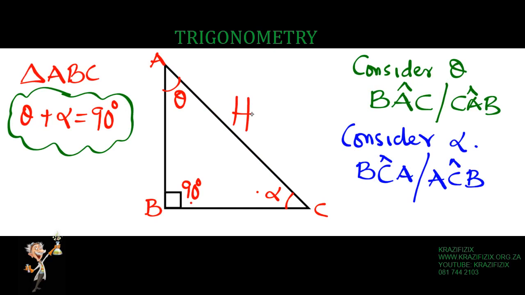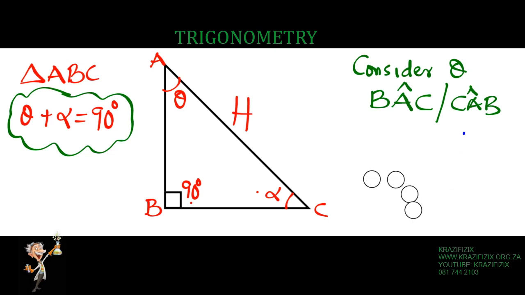Now, if we consider angle theta, I'm going to consider angle theta. So if you're writing your notes, consider angle theta, and that's the representation there. Look at this side BC.